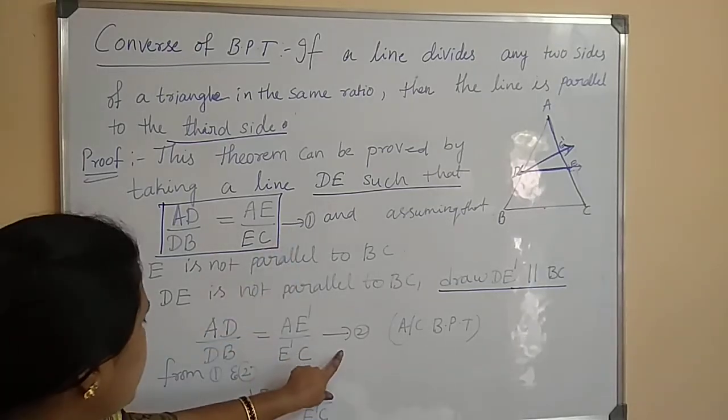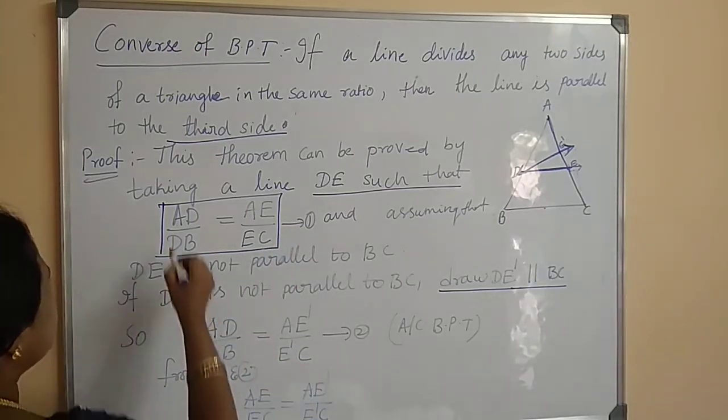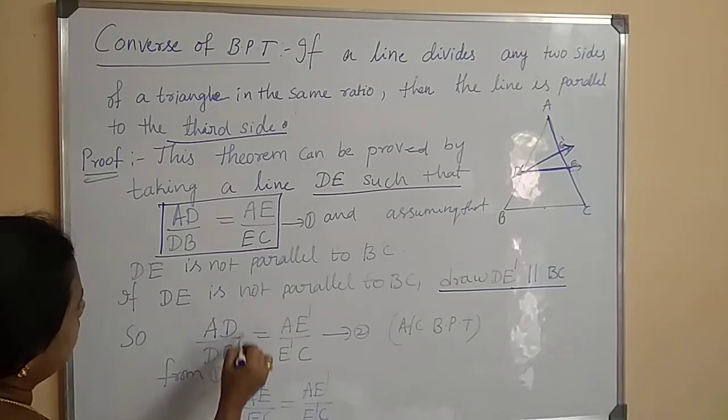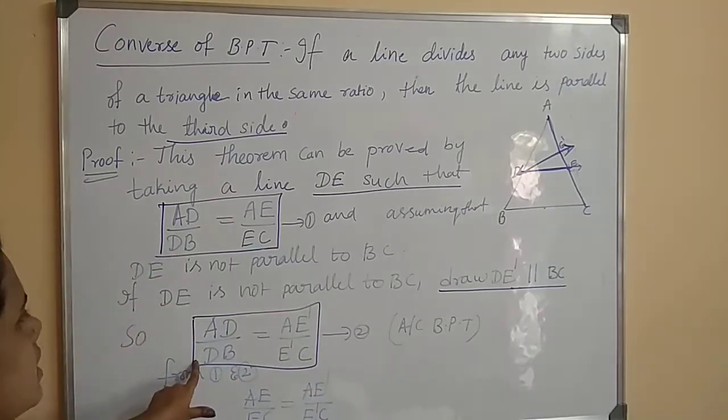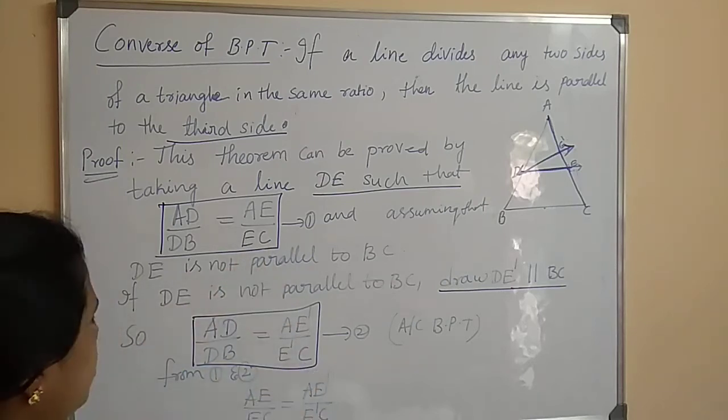Then from 1 and 2 what will you get? AD by DB is the LHS in both equations. If the LHS is equal, the RHS will become equal.